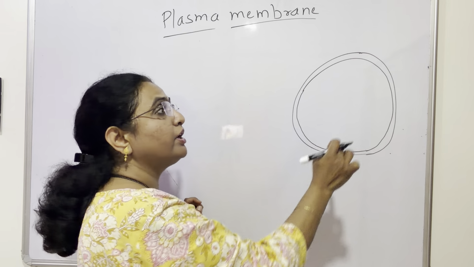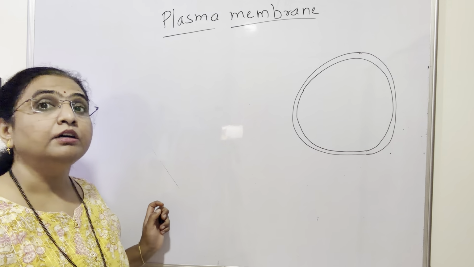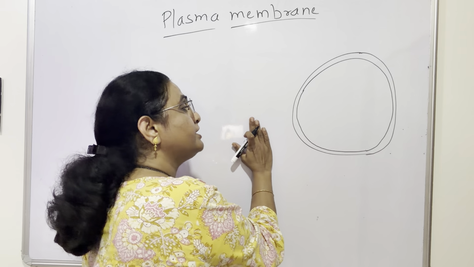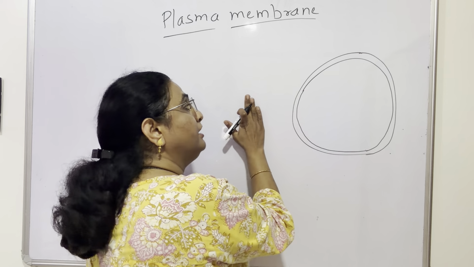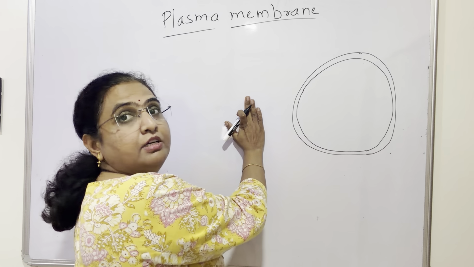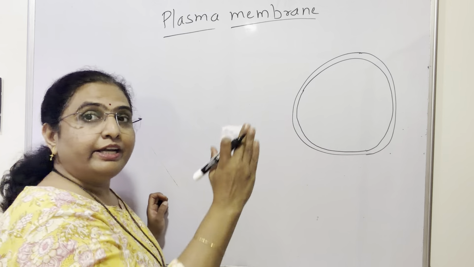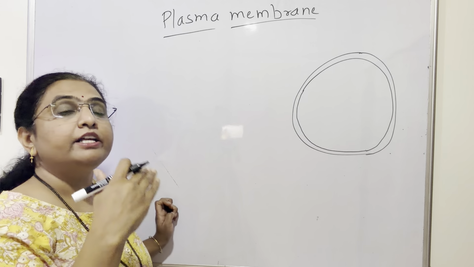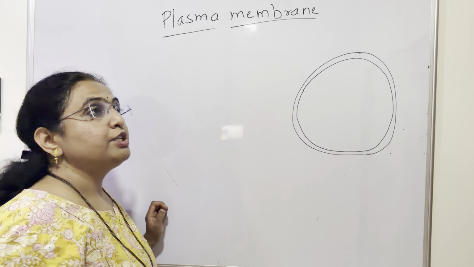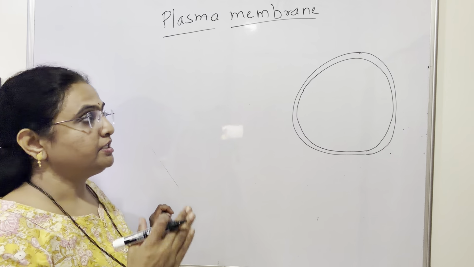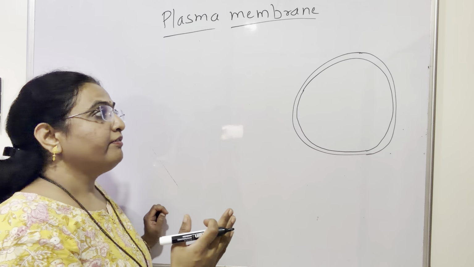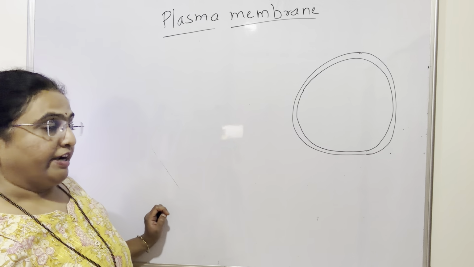It defines the boundaries, that is, it separates the internal environment of the cell from the outer environment of the cell. It separates the cellular environment from the exterior environment.